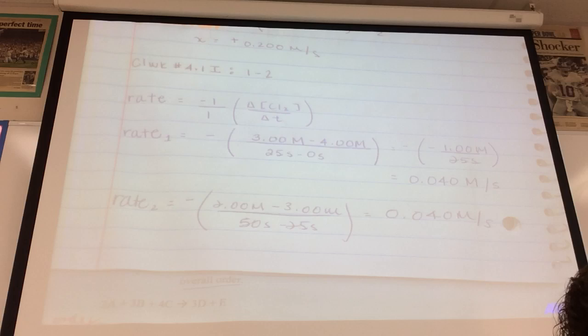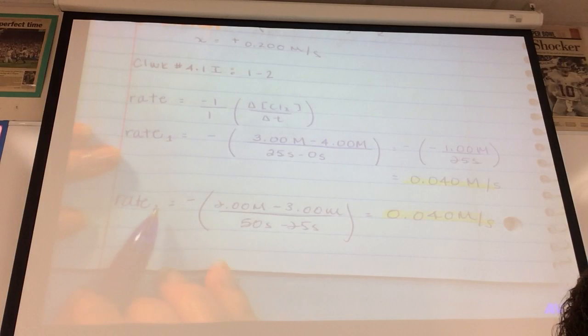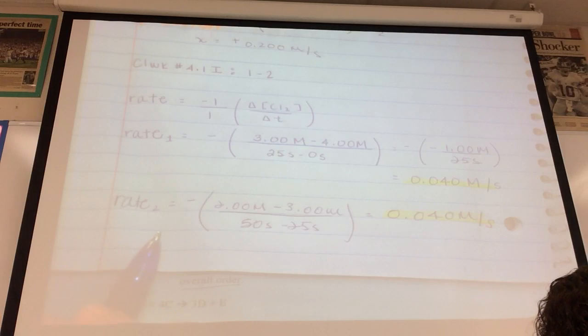And from the example I've given you here, the rate of consumption of chlorine for both interval 1 and interval 2 is 0.040 molar per second.